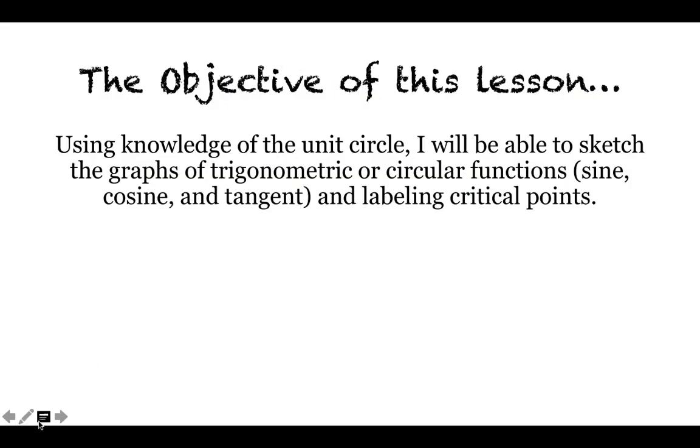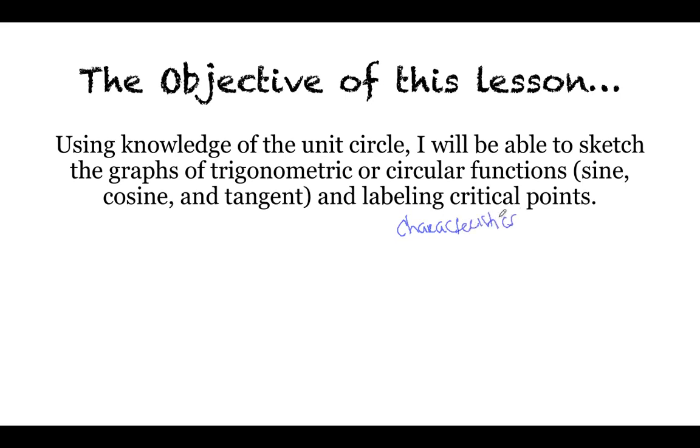So what we did was we used our knowledge of the unit circle to take things off of the unit circle, right? And to unwrap the unit circle to sketch trig or circular functions of sine, cosine, and tangent, and label some critical points and talk about some important characteristics.